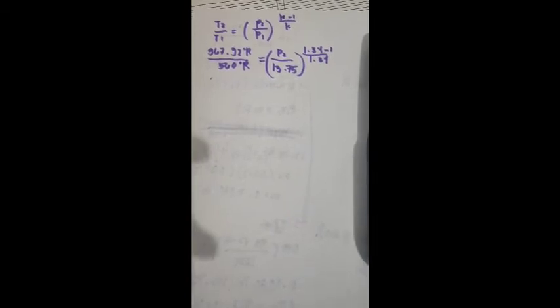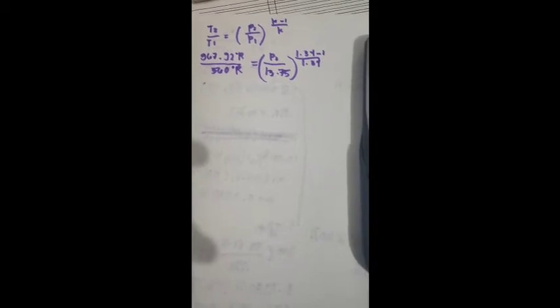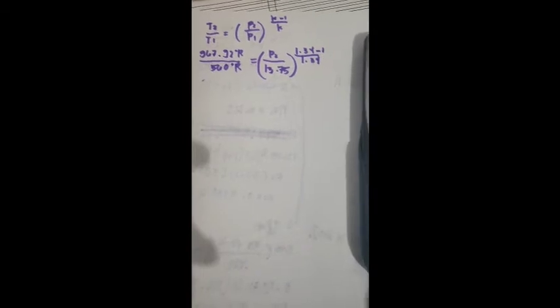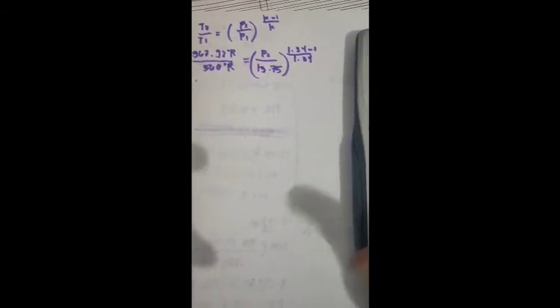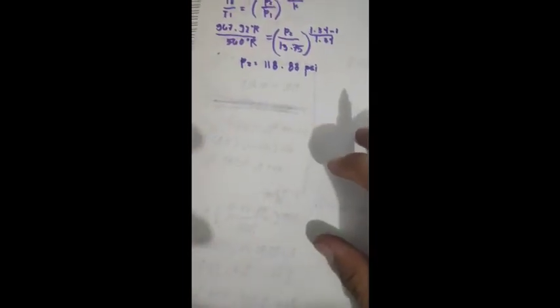So from this equation, you can get the pressure P2, which is equal to 118.83 psi.